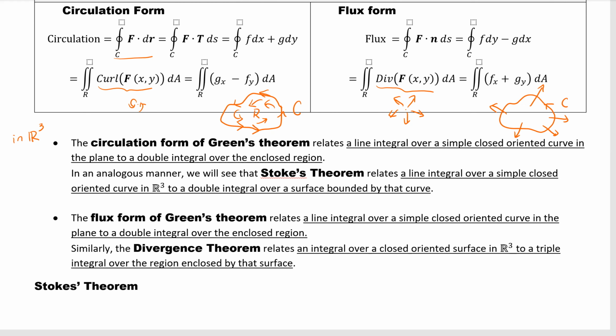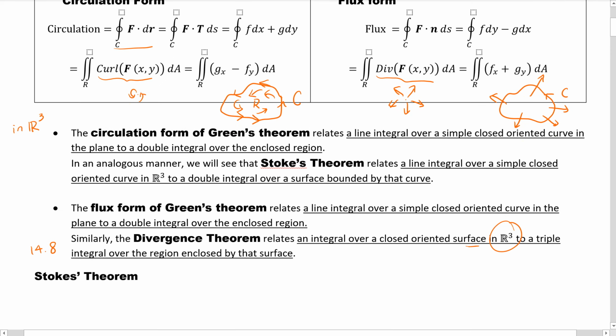When we talk about flux in R3, we measure the amount of the vector field flowing across a surface, so we have a surface integral, and we can relate that to a triple integral over the region enclosed by that surface. The divergence theorem we will talk about in 14.8. Today, we will talk about Stokes' theorem.